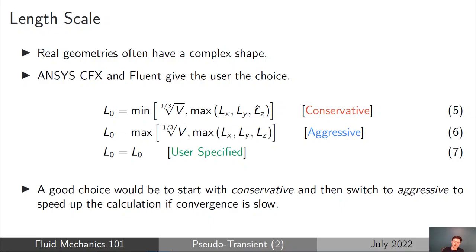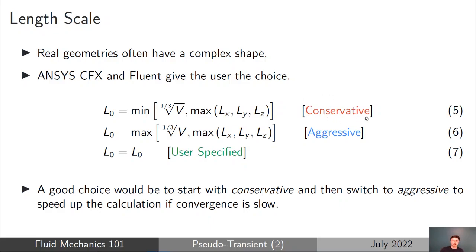So what that means is that the length that it's taking is going to be smaller, and when you use that length to calculate the propagation time, it will be smaller, and so a smaller pseudo time step will be used if you use the conservative approach.